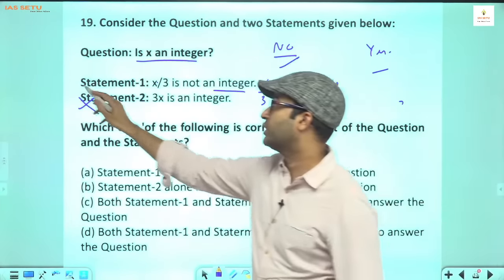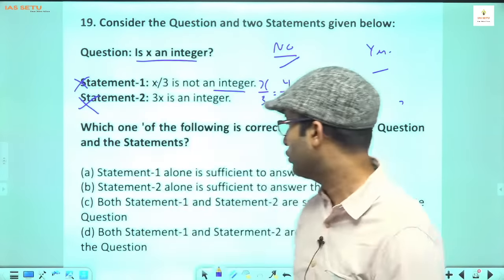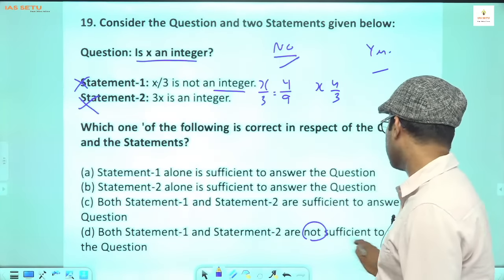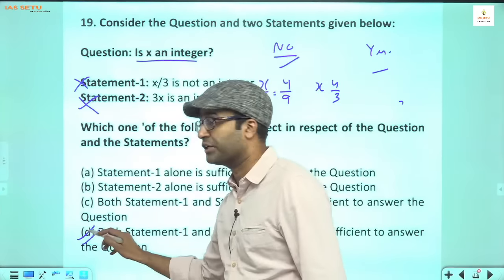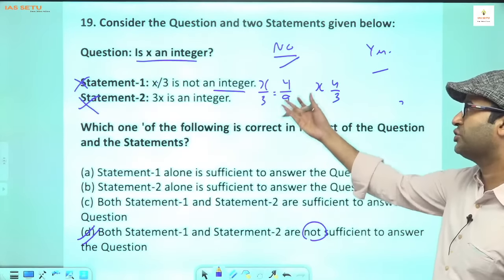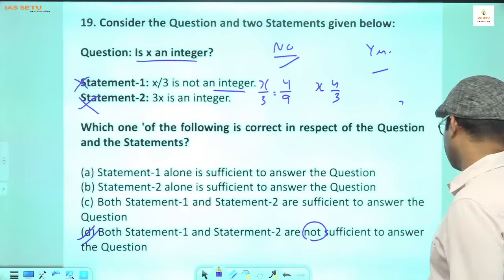So both statements are not confirming whether x is an integer or not. So here the answer is both statement 1 and 2 are not sufficient to answer the question. Answer is D. You can take different values and check. Sometimes x is coming an integer, sometimes x is not coming an integer.